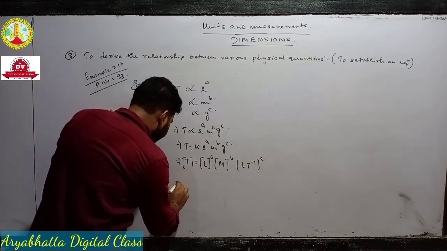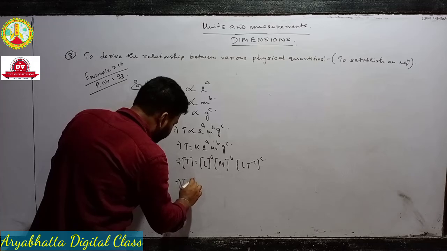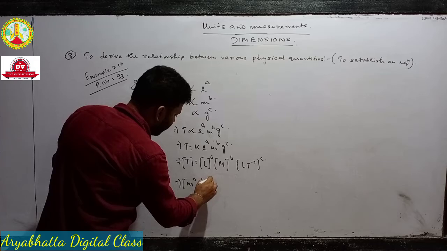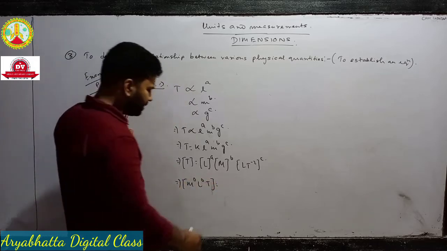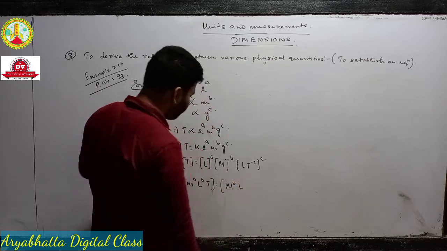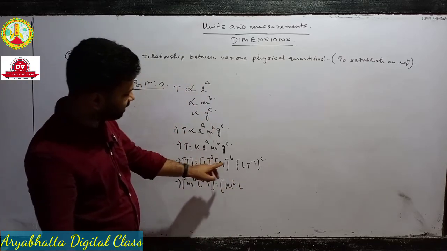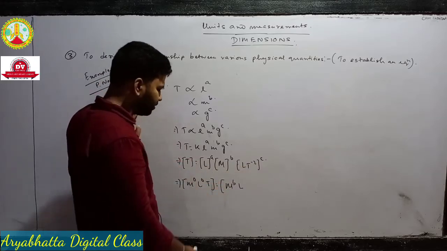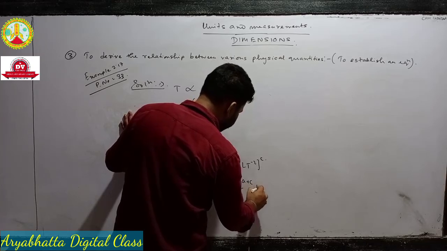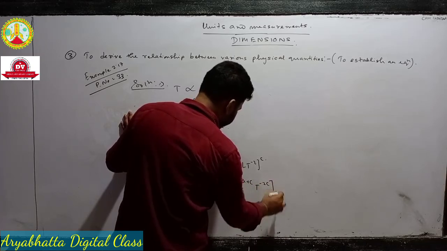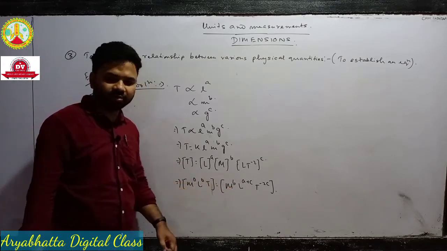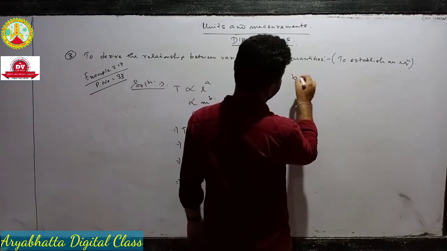So it can be written as, in the left hand side, M0 L0 T, because M and L are not there on the left hand side. On the right hand side, M to the power b, and L to the power a is here and L to the power c is here, so it will be L to the power a plus c and T to the power minus twice c. Now we will equate both. Here b is there, here 0 is there, so what is the value of b? b will be equal to 0.